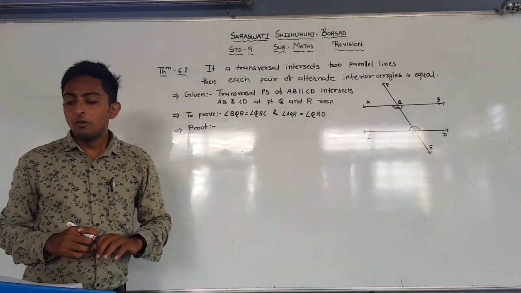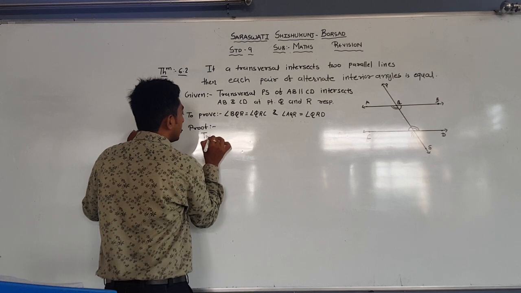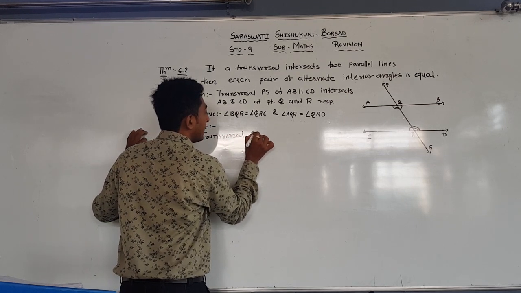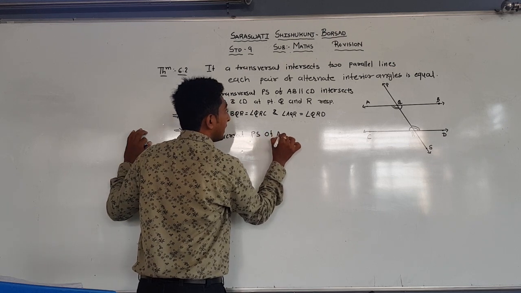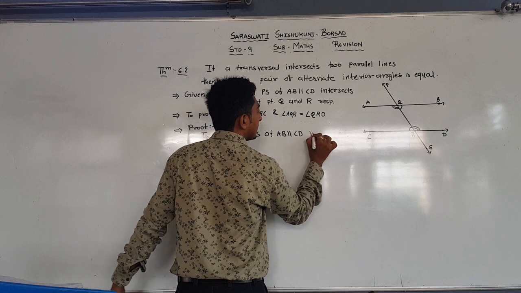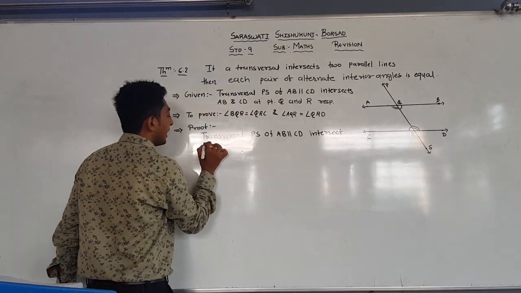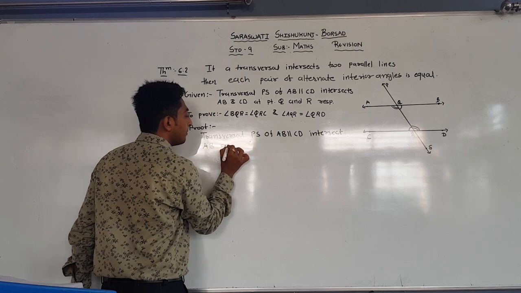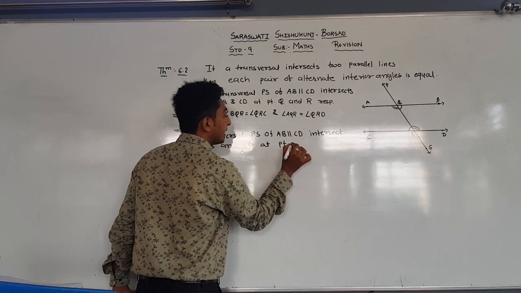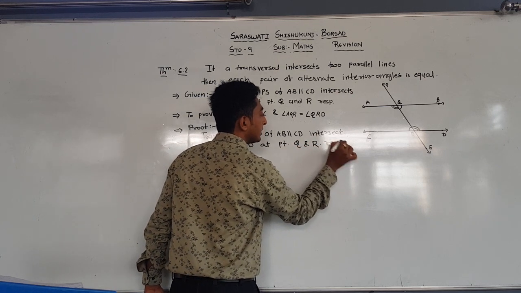First of all, we know that transversal PS of AB parallel to CD intersects AB and CD at points Q and R respectively.